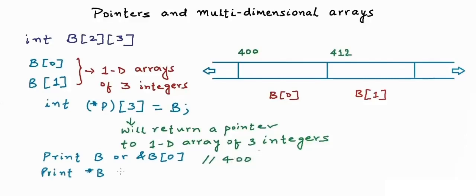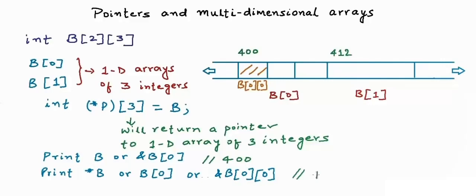If I will print *p, which will be same as B[0], then B[0] this time is variable name for a one-dimensional array of 3 integers. So just using the name B[0] will return us pointer to the first integer in B[0], which will be accessed as B[0][0]. So I'm putting this ampersand sign here in front of B[0][0]. First integer in B[0] will be this block of 4 bytes. Its address once again is 400.